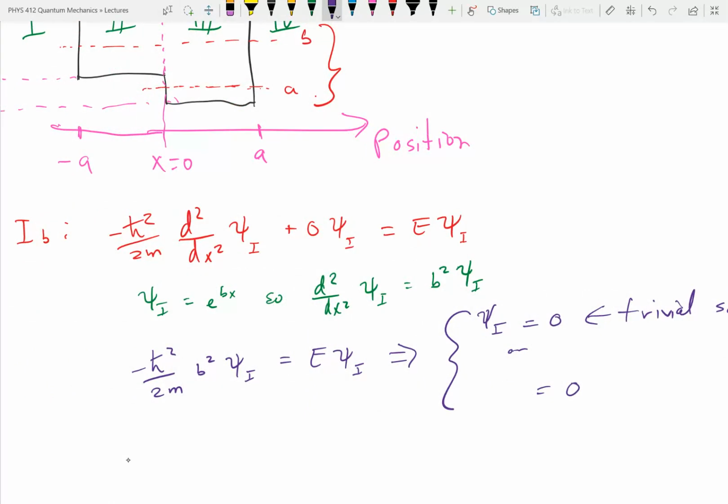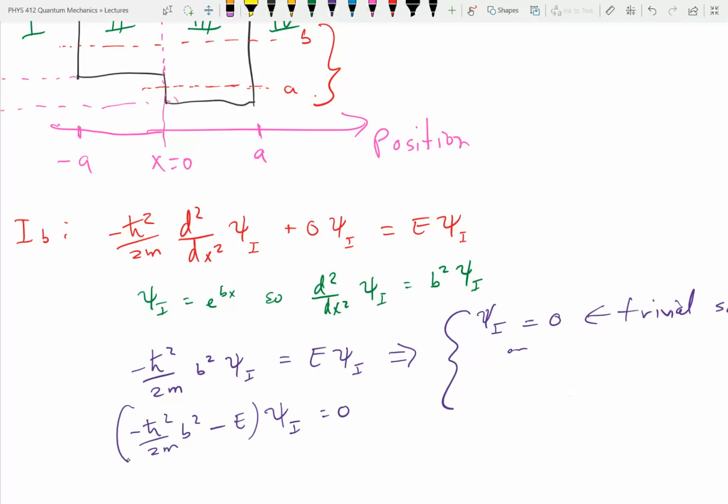To make it equal 0, we rearrange it too. There. So the two things that make that true, the first one was the trivial. What was the other one? Where all that equals 0.